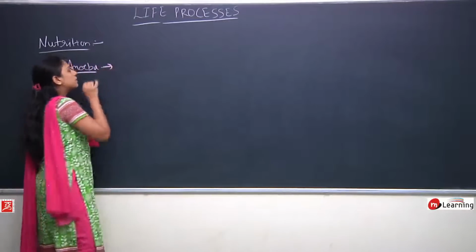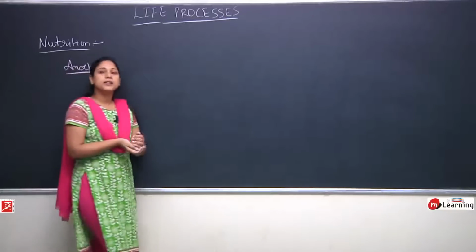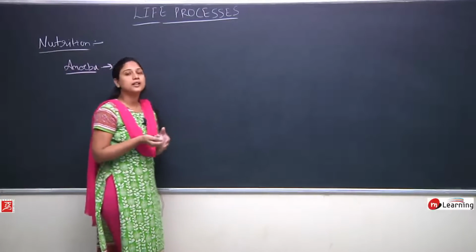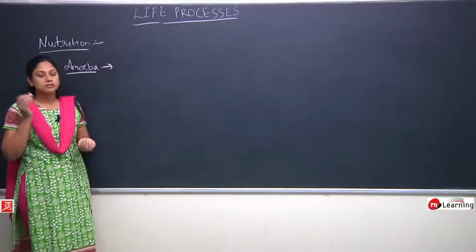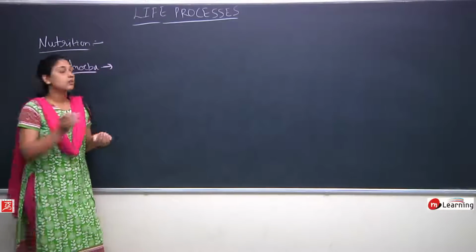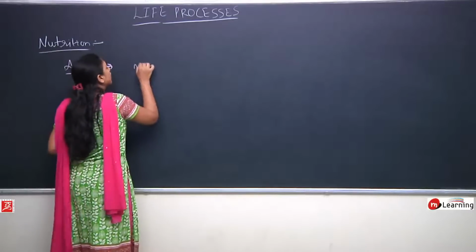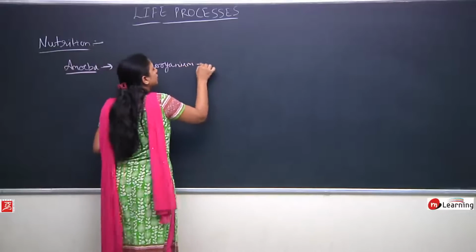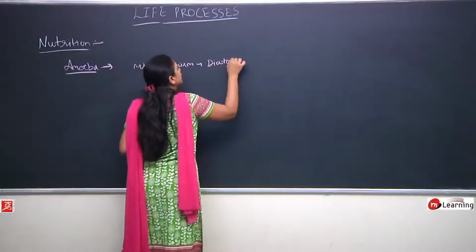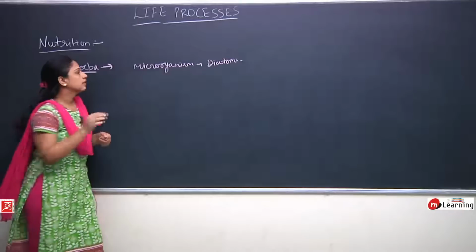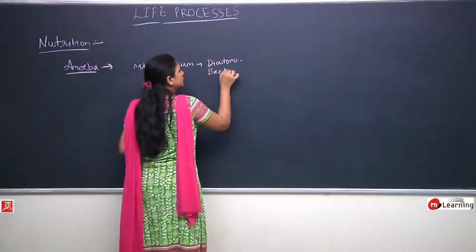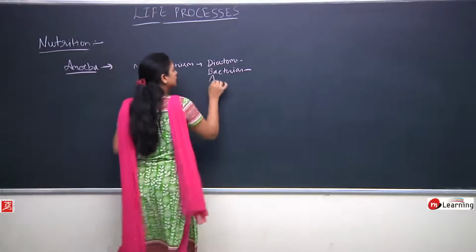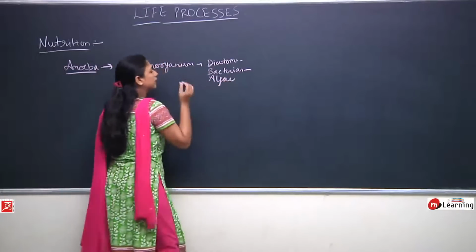Amoeba resides very deep in the water, and it derives its energy, or its nutrition, from microorganisms like diatoms, which are very microscopic plants, bacteria, and algae.